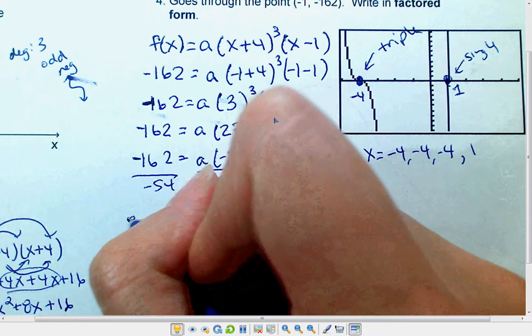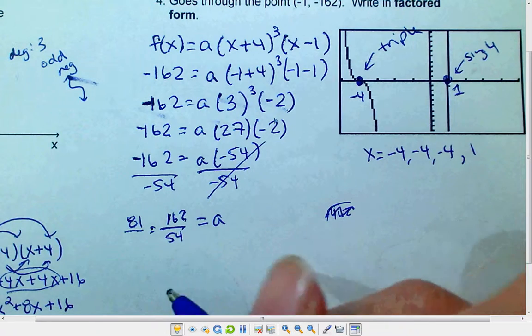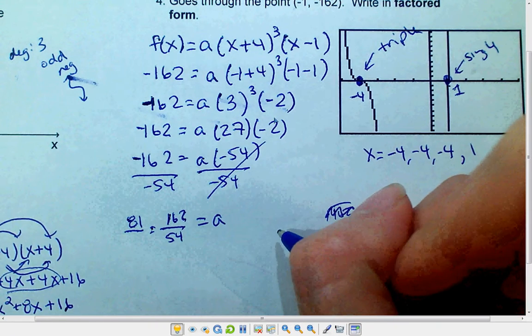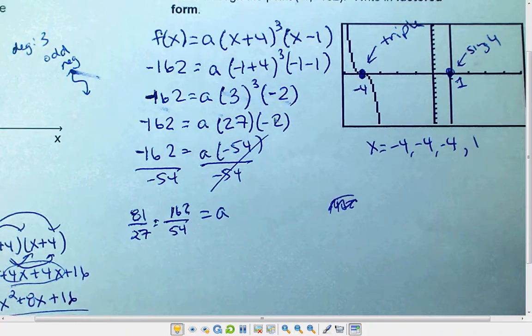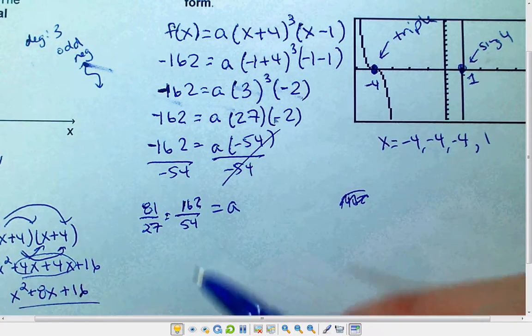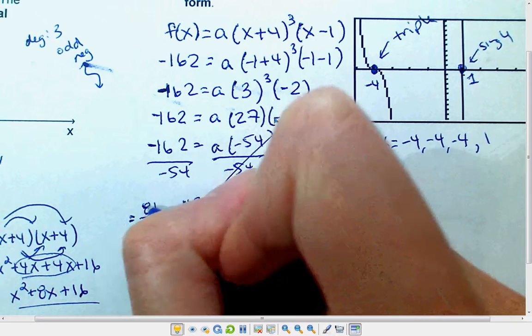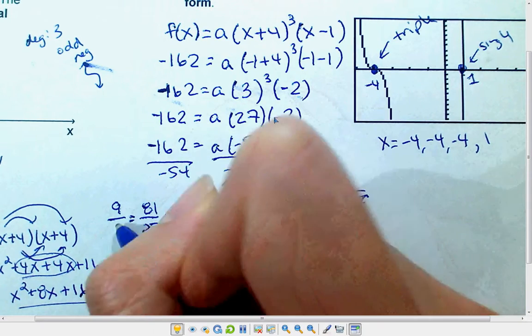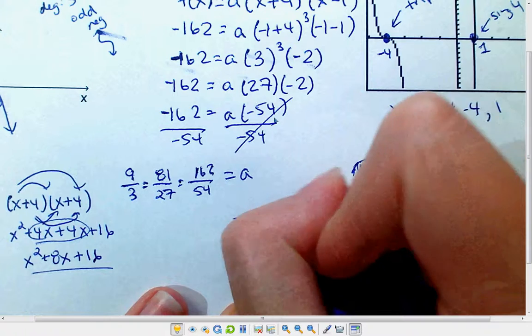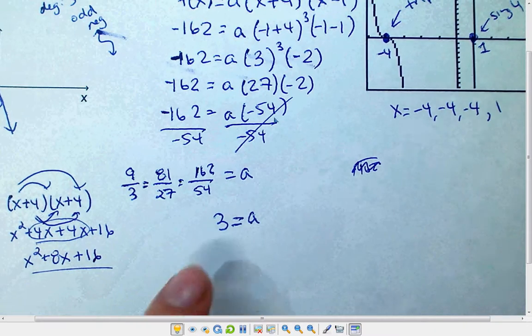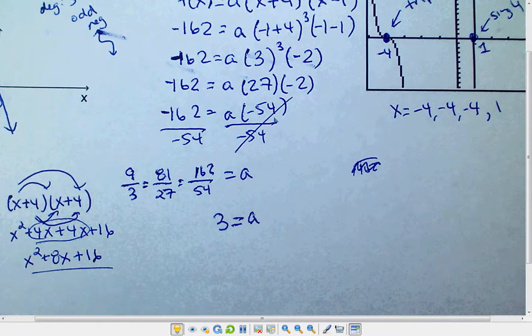That'll give us 81 over 27. Both of those are divisible by 9. So 81 divided by 9 gives me 9. 27 divided by 9 gives me 3. Okay, what's 9 divided by 3? Your a value is just 3. So you can do this pretty complicated division problem without a calculator.